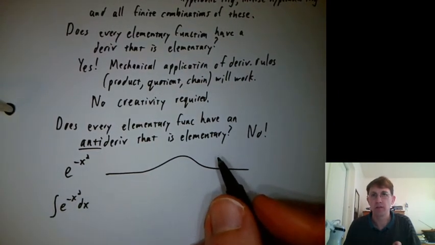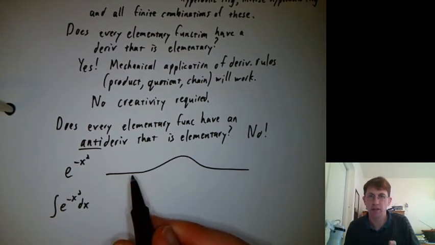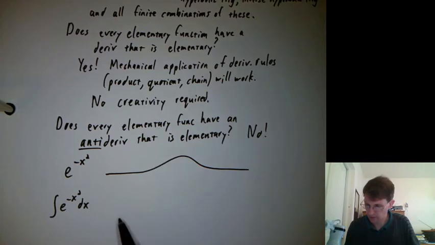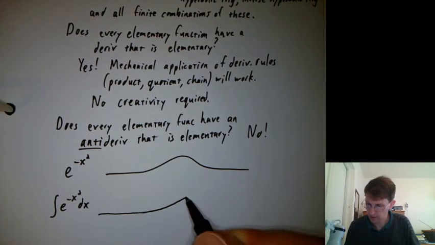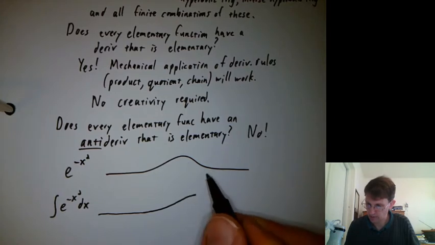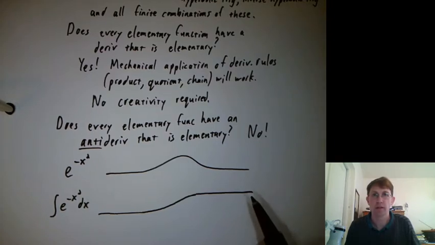Well, we can think in terms of cumulative area so far. Like over here, I'm not adding very much area, so it's going to be fairly flat. And then by the time I get over here, I'm adding more and more area. And then by the time I get over here, I'm not adding very much more area anymore. So I get something like that.